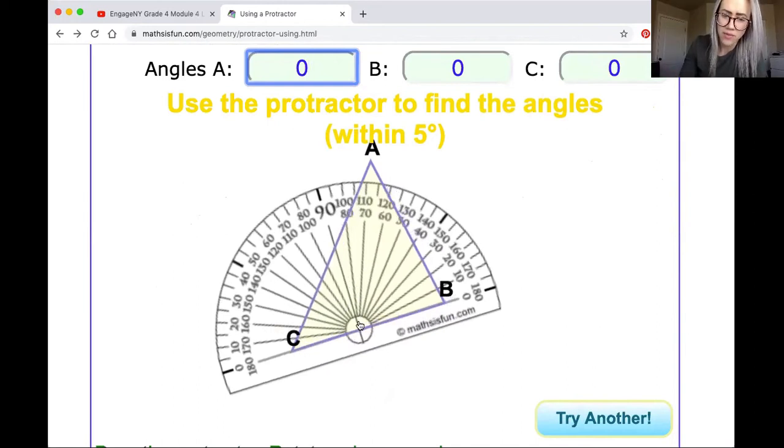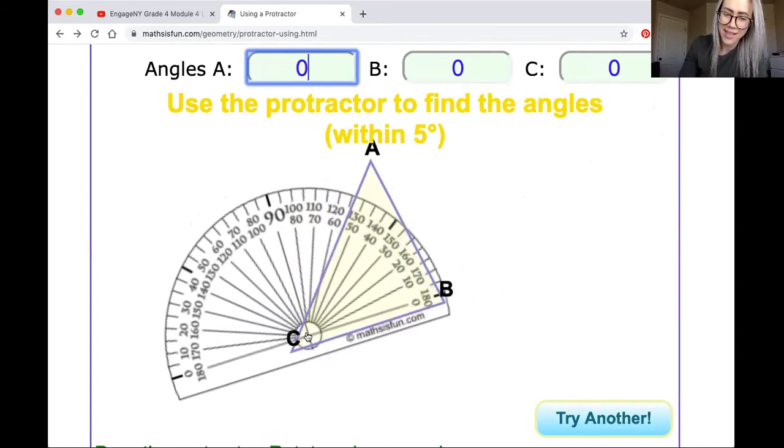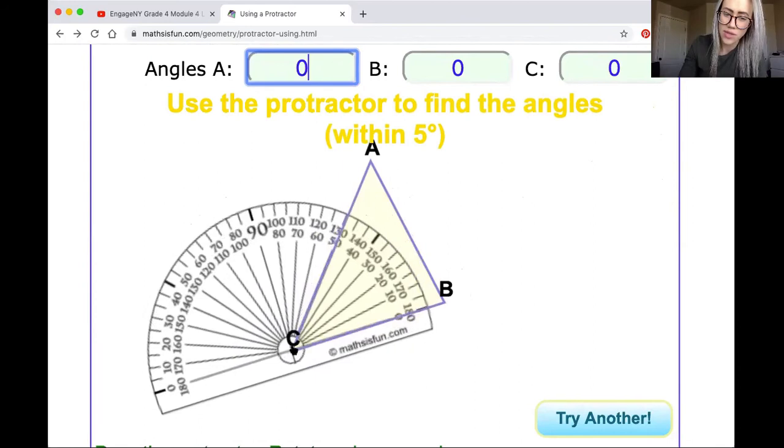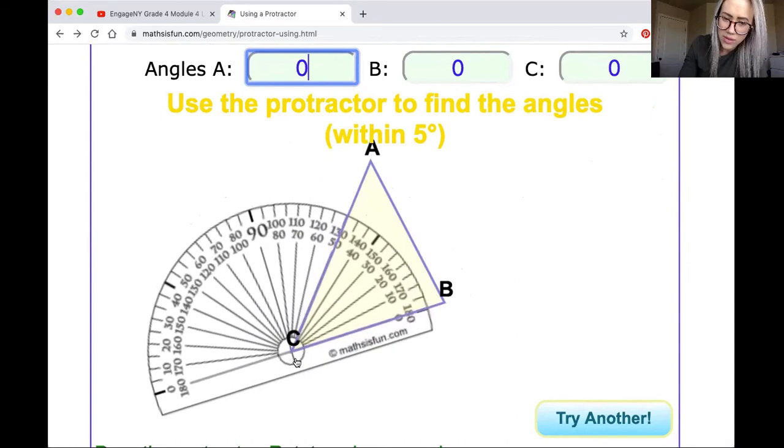All right, so that looks pretty flat. And remember in the video, you need to move the protractor over to the vertex, the corner. I'm going to move it over to C because I want to measure the angle C. So I'm going to move it right there on the corner, the vertex. And then I'm going to use my eyes here. I'm going to grab my pencil and show you.